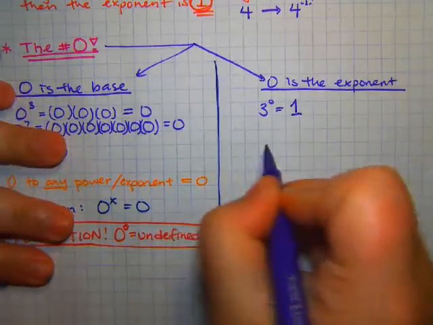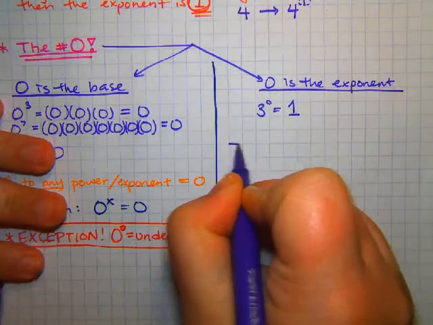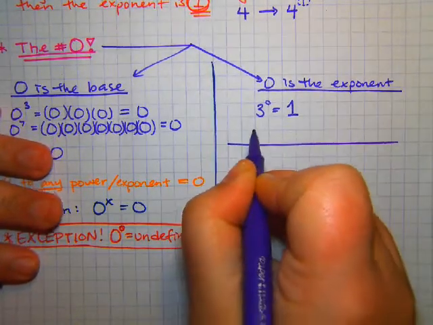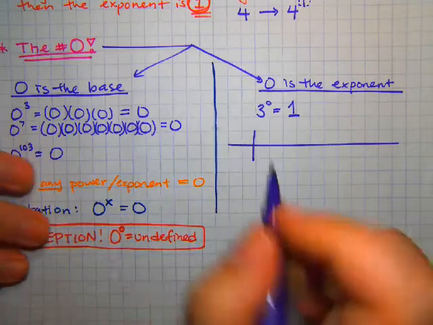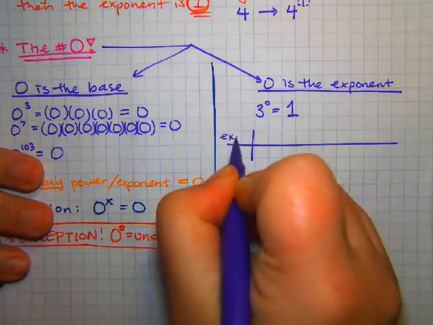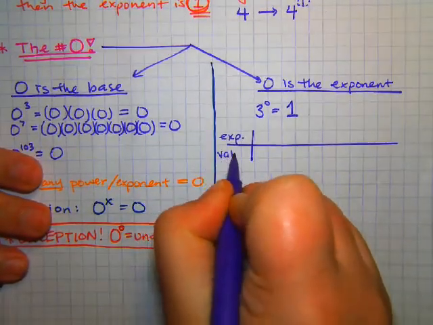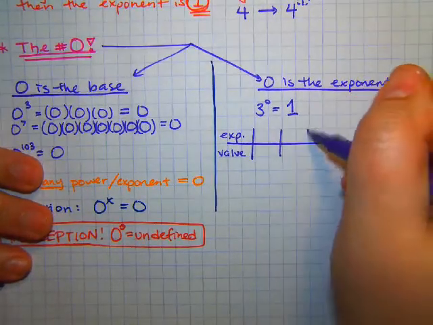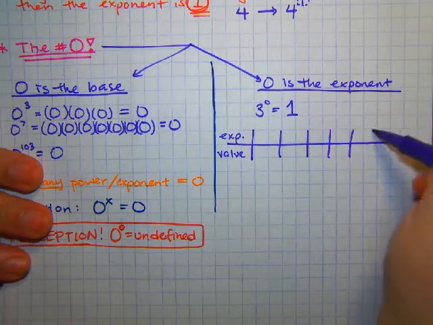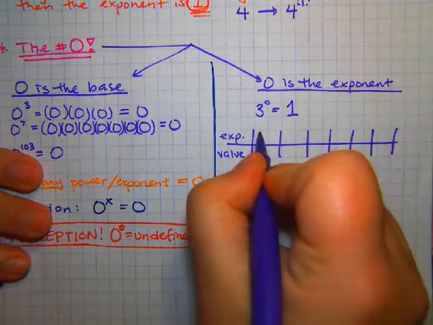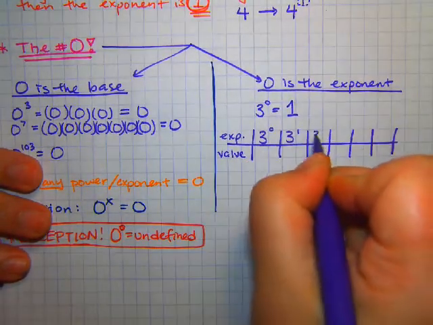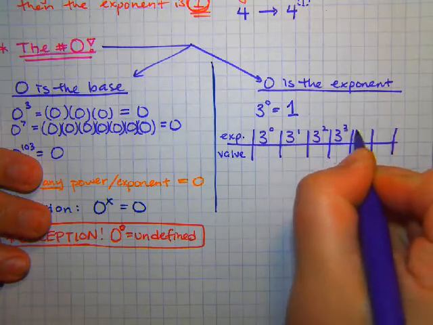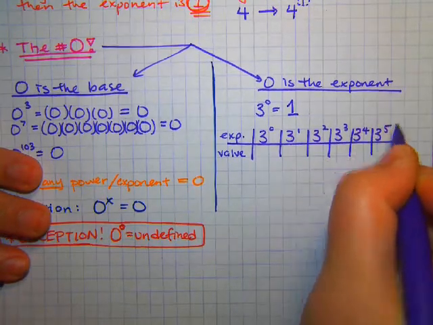Well, if we make a table here, and this is our exponent, and this is our value, okay? So let's do 3 to the 0, 3 to the first, 3 to the second, 3 cubed, 3 to the fourth, 3 to the fifth, okay?